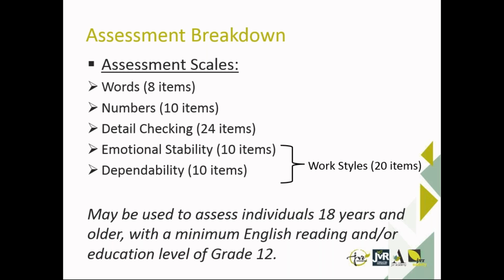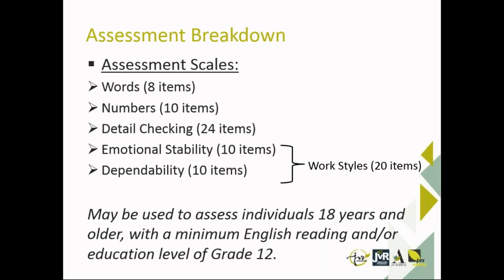Candidates who score high on the scale can be seen to be able to perceive differences in stimuli, which facilitates accuracy when completing detail-oriented work. Candidates with lower scores may be seen to have less of an inclination to perceive differences in stimuli, and as a result may at times make careless mistakes.